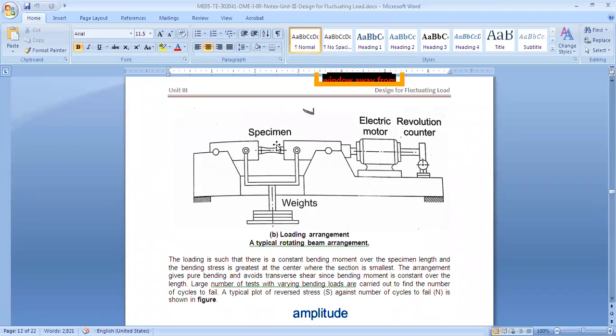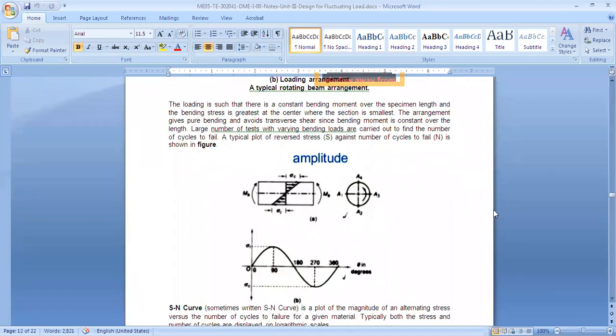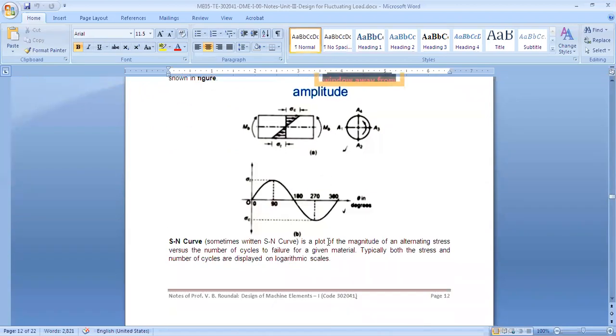The top part, because of the bending, some part will be under compression, some under tension. And because of the rotation, in this example we have taken, it will go through different cycles of stresses: positive, negative, zero, positive, zero, negative, like that, right? And because of that, it will fail earlier, right?